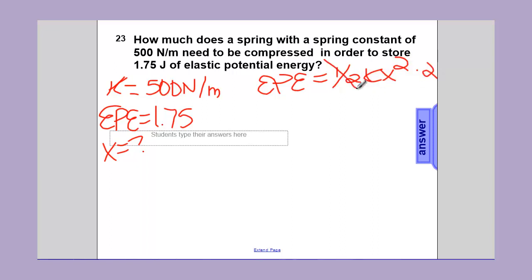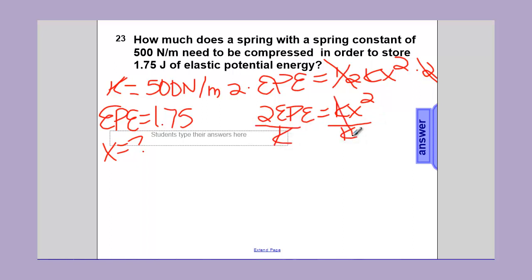Multiply by 2 to cancel out our half. So now we've got 2EPE equals KX squared. Divide by K to cancel out the K. And then we're going to take the square root to cancel out that square.